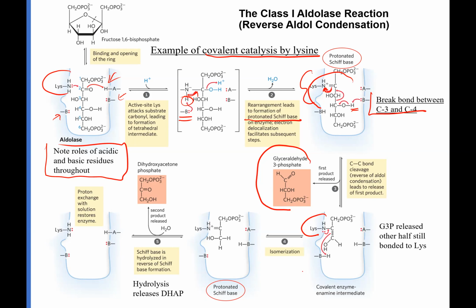So now what? Well, guess what? We get reformation of the protonated Schiff base, right? The electron pair from this nitrogen goes back to form the double bond.